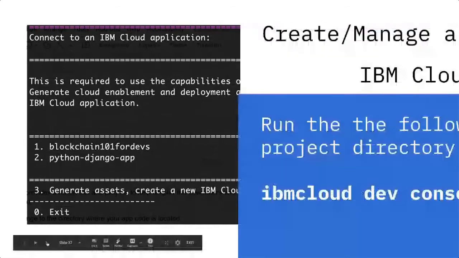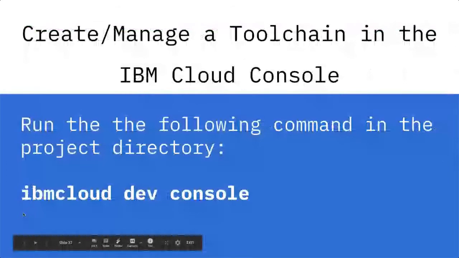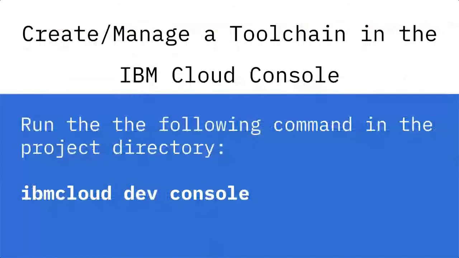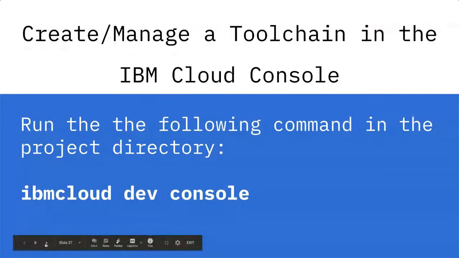And then if you want to create a toolchain or manage an existing one, from inside your project, if you run IBM Cloud Dev Console, you'll be able to access your console. And again, I'll be able to show you this as well when we run through it. But you're going to be able to go into your application within your IBM Cloud account, and you'll be able to download any code.